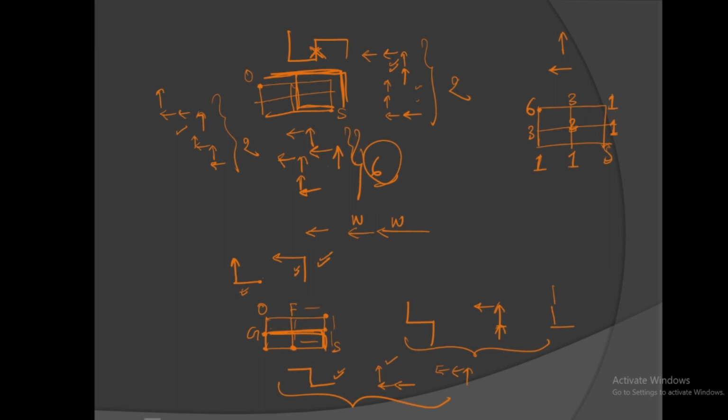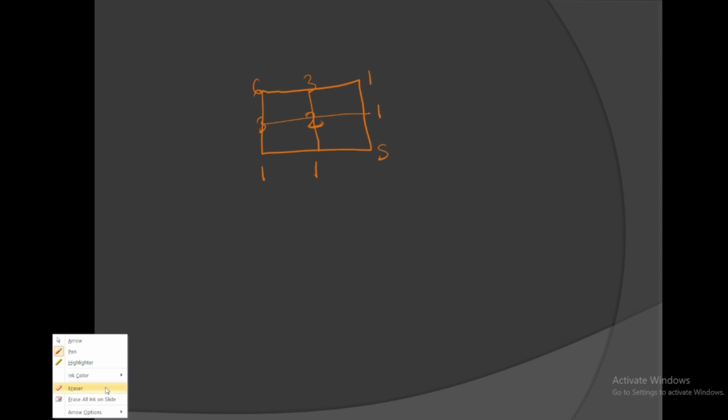Let me have it on the next page. We have found, let's see, this was 1, this was 1, this was also 1, this was 1, this was 2, this was 3, this was 3, and this was 6. So if you see one thing, you can get a pattern.